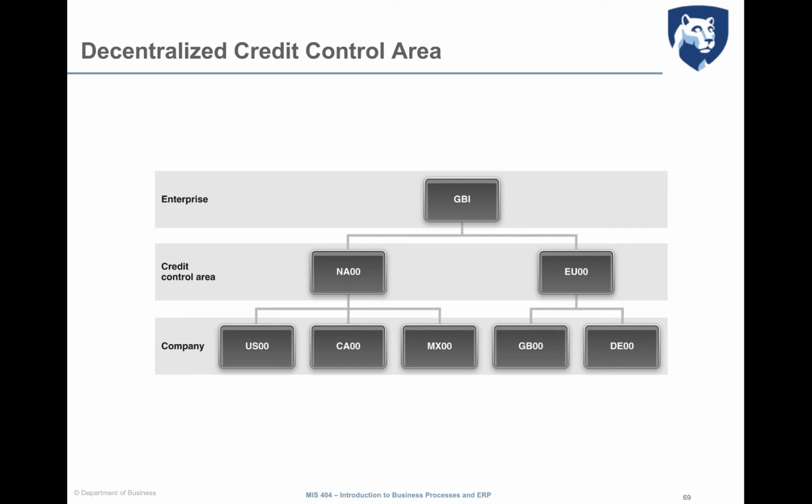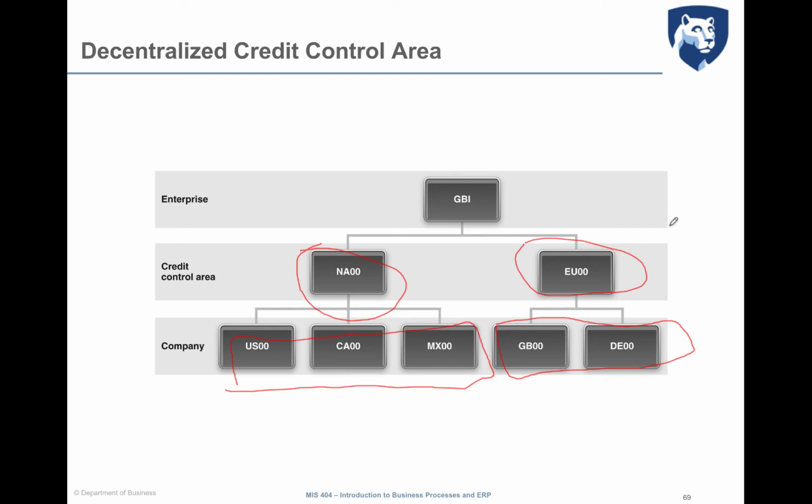not linked to the one that we have seen before, but this is the case where GBI has defined two different credit control areas, one for the NAFTA zone, so US, Canada and Mexico, so for America, and one for Europe, so Great Britain and Germany.